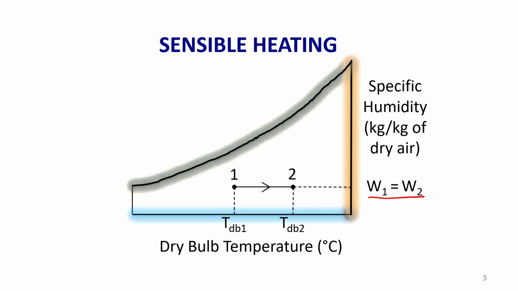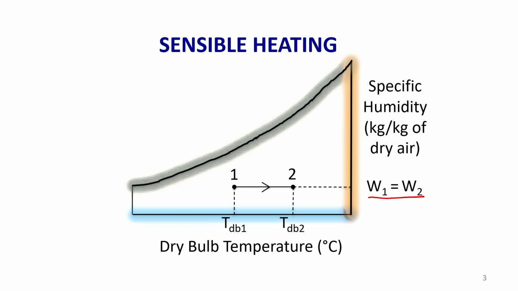The temperature remains the same, but only the phase change from vapor to liquid or liquid to vapor, solid to liquid or liquid to solid, etc. happens. So this is about sensible heating. To summarize, it is a process during which the temperature of the air increases from state point 1 to state point 2.